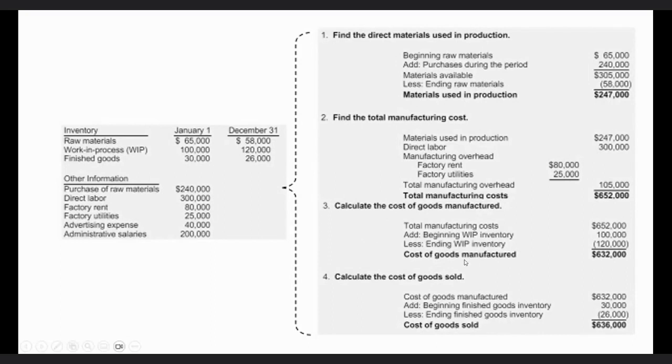And after getting the cost of goods manufactured, we then will calculate the cost of goods sold. We should take the cost of goods manufactured, add beginning finished goods inventory and less ending finished goods inventory to become the cost of goods sold.